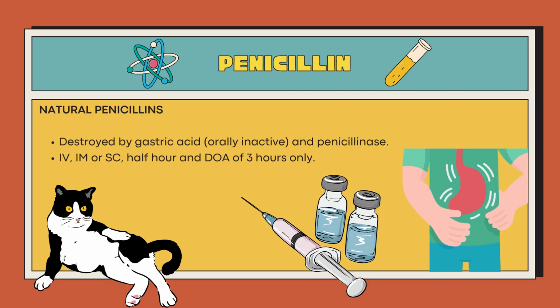Soluble sodium or potassium salts of benzylpenicillin or penicillin G are destroyed by gastric acid, orally inactive, and destroyed by penicillinase. Given intravenous, intramuscular, or subcutaneous, onset of action is within half an hour and duration of action only 3 hours.